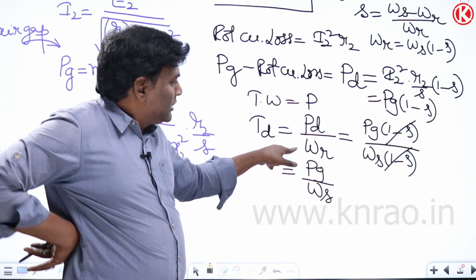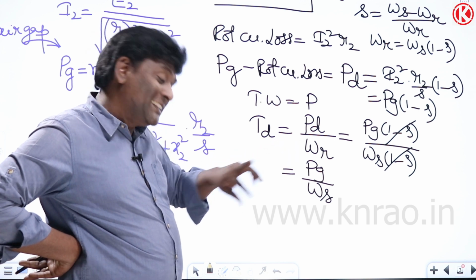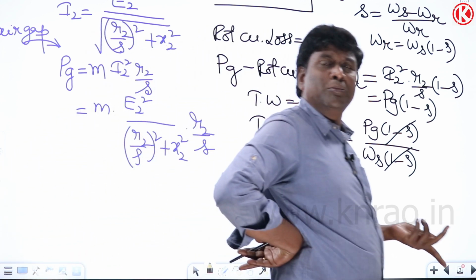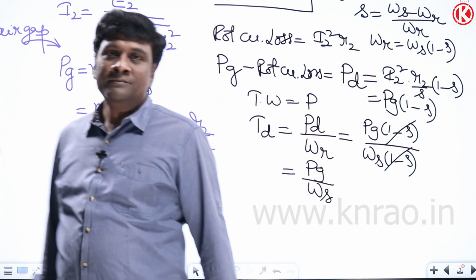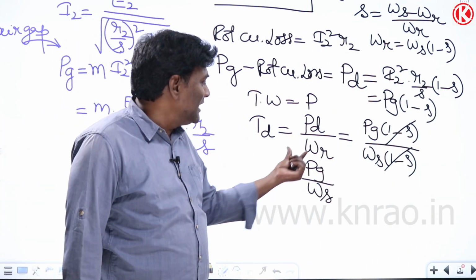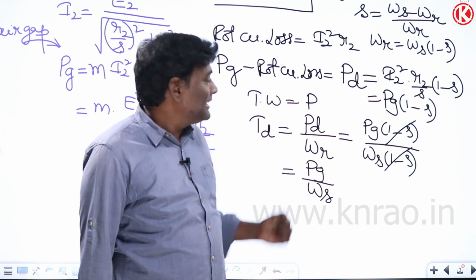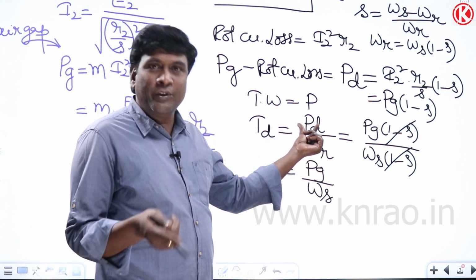Now if you think of omega R, is it variable or constant? It is variable, because in an induction machine slip is going to be the independent variable. The moment slip varies, automatically omega R is going to vary, and at the same time PD is also variable.